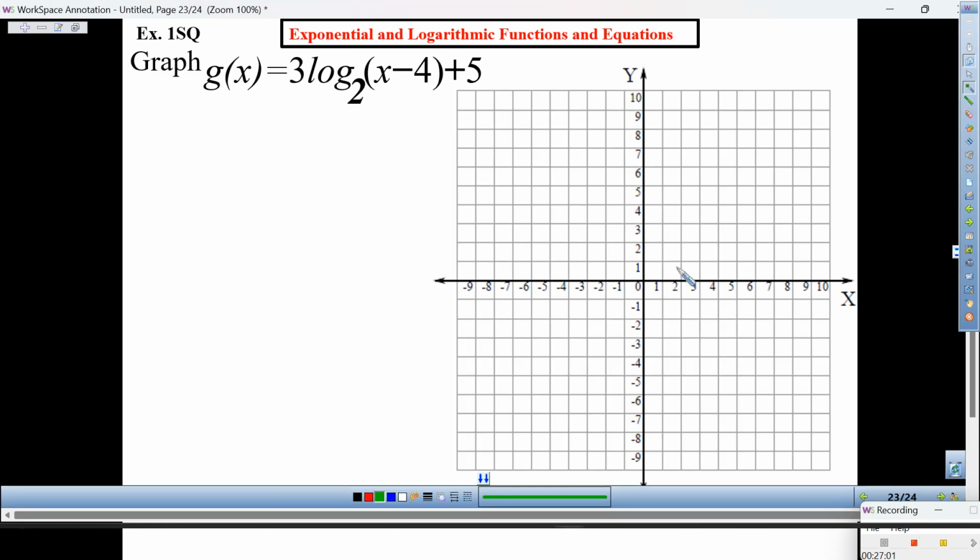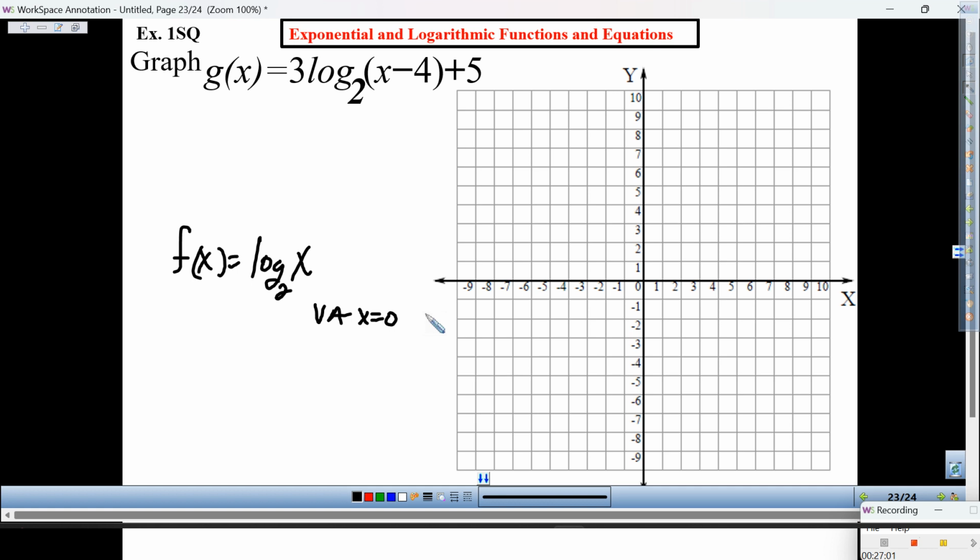Now your coordinate plane doesn't have to be as perfect as this. Just do a regular coordinate plane, and let's start with our parent function. What would be our parent function? Christopher, parent function for that one. Log base 2 of x, and our VA is x equals 0.